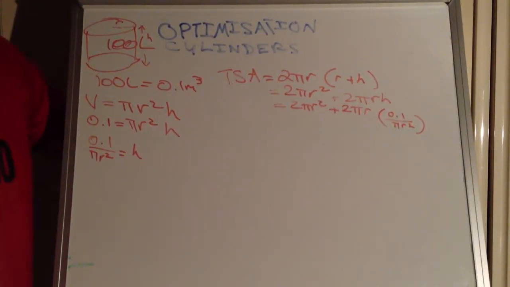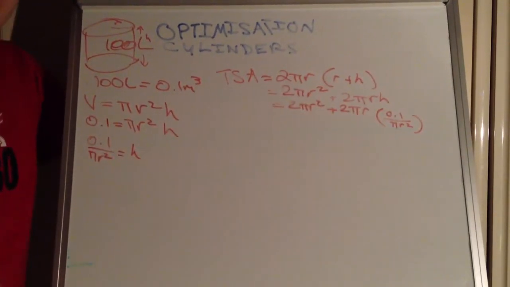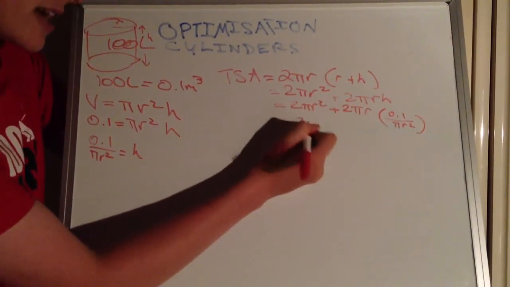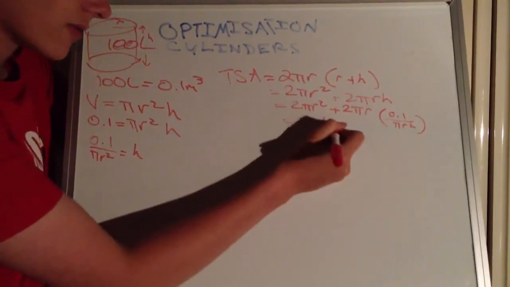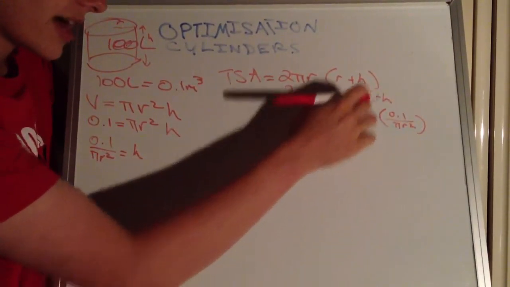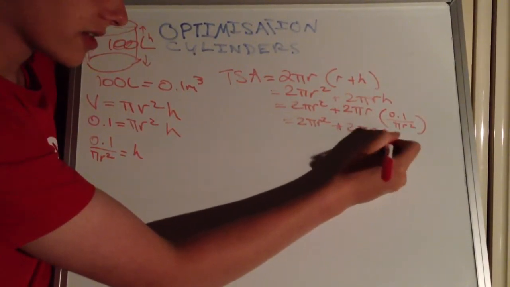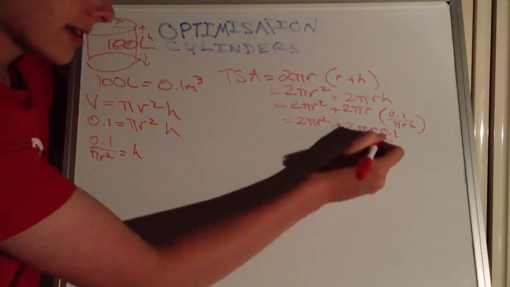Awesome, and now what we do is we expand this using the distributive law, because again we can simplify it down, and making things simple, especially when we're looking at areas like this, is going to be really beneficial for differentiation purposes. So we have 2 pi r squared plus 2 pi r times the numerator, so 2 pi r lots of 0.1 over pi r squared.